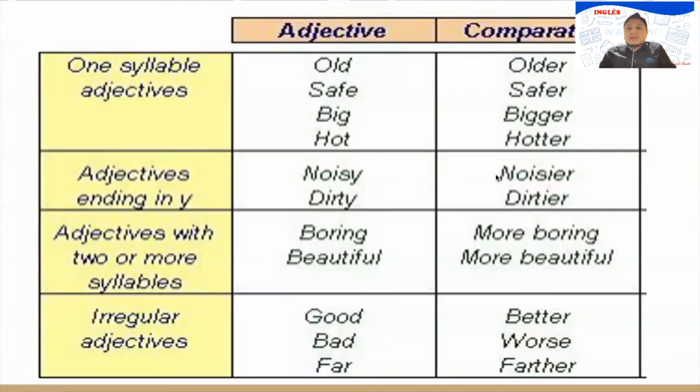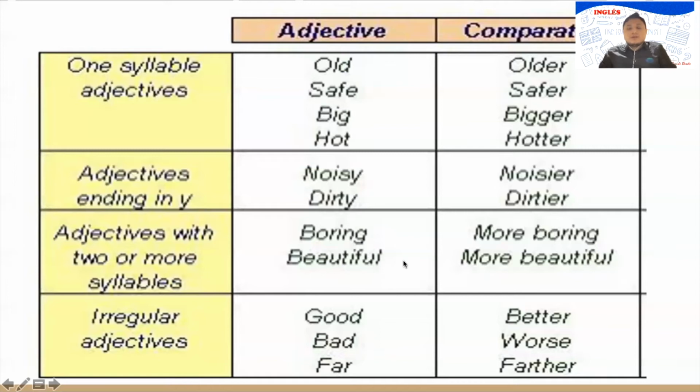So in the comparative form, noisy turns into noisier, dirty turns into dirtier, and with regard to adjectives with two or more syllables, we have boring and beautiful. So in this case, there are two or more syllables. For using this adjective in a comparative form, we need to add more. So boring turns into more boring, beautiful turns into more beautiful.